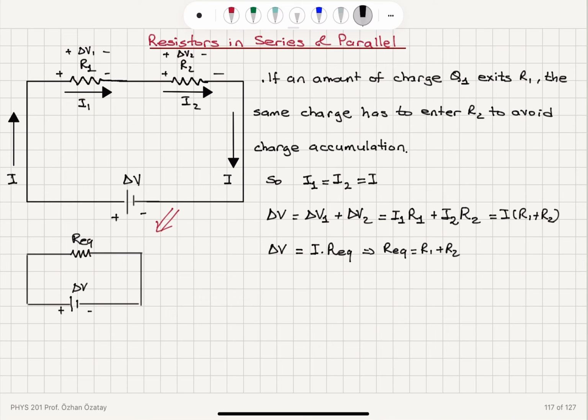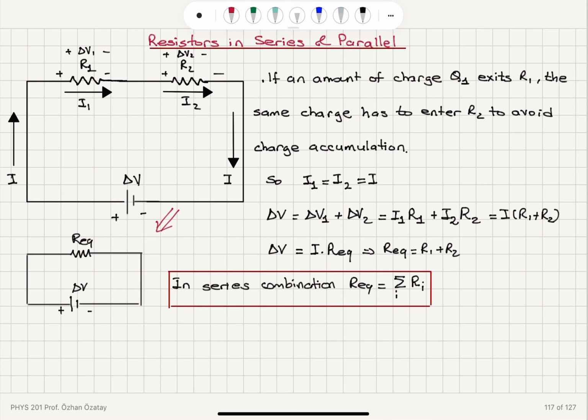I must have in series combination the equivalent resistance is the sum over all the resistances, sum over i, Ri. Okay, so that's the situation for series connection.